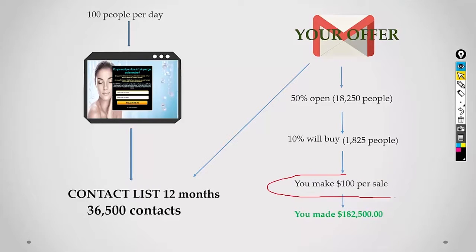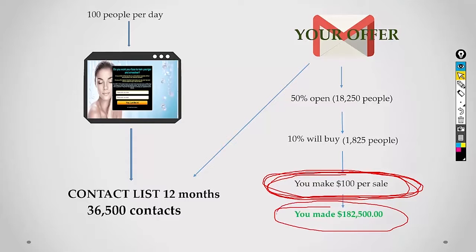Again, same scenario, but this time you make $100 per sale. Some of you guys are selling products or services where you make $100 commission when you sell something. In this scenario, you made nearly $200,000 with one simple email, one simple offer. Now, some of you guys are even in businesses where you make a recurring commission.